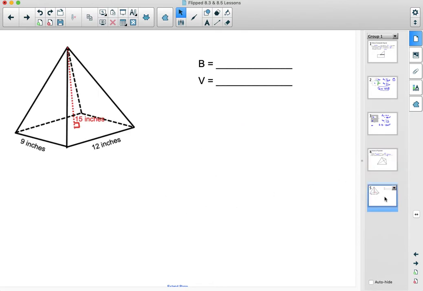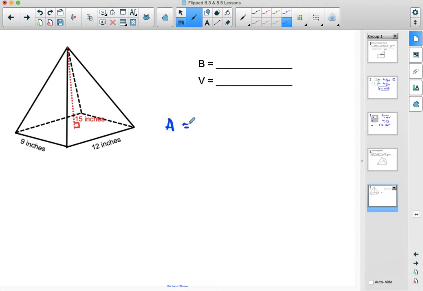All right, so let's do one example problem, and that's all this should take. So remember, when you're finding the volume of a pyramid or a prism, the first thing we have to find is big B. Big B is the area of the base shape. So in this pyramid right here, the base is a rectangle, and that rectangle is 9 inches by 12 inches. So we'll find the area of the base first.